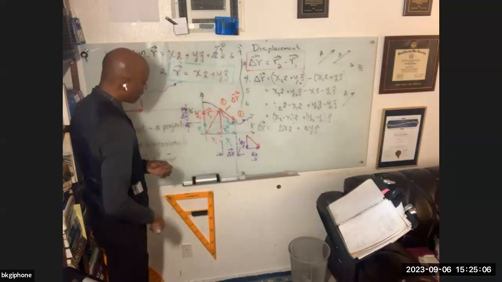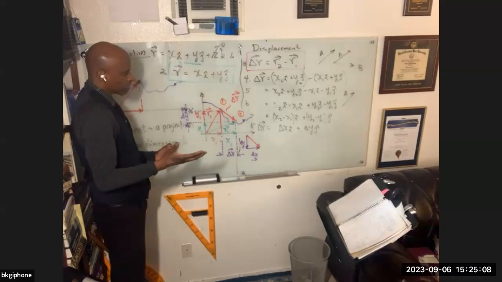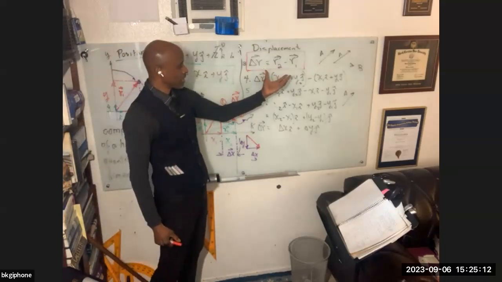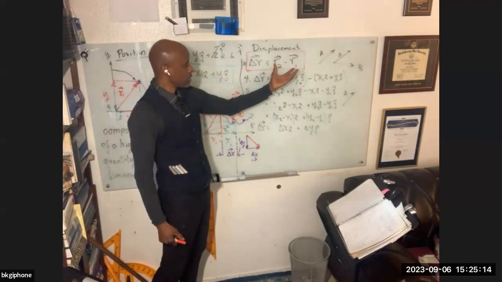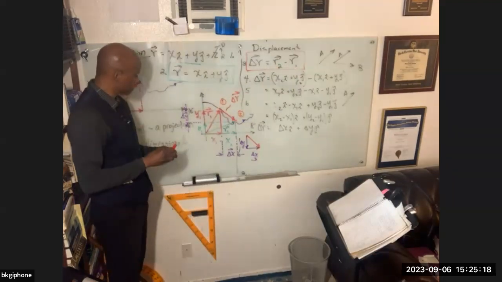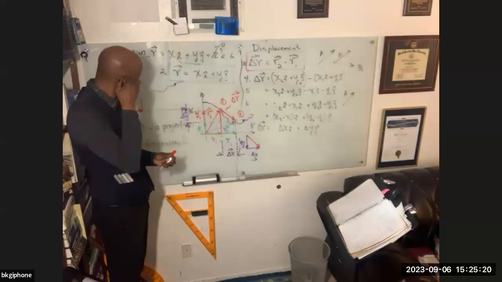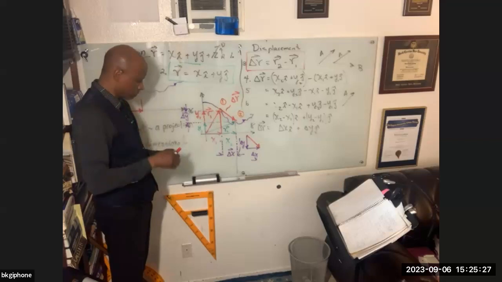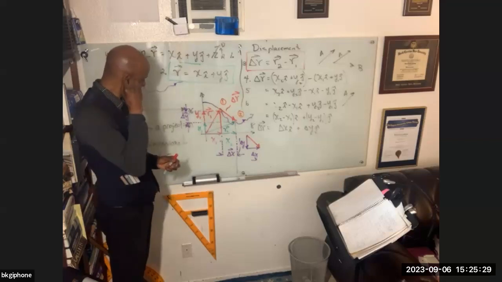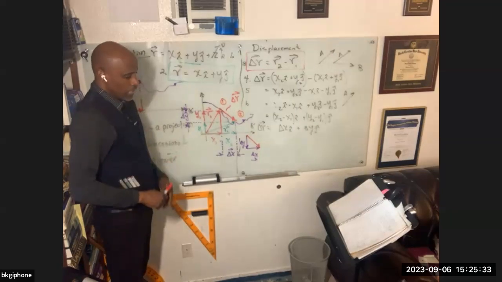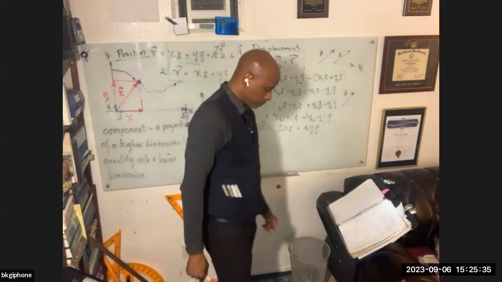A few different ways of seeing how you find the displacement, which is the vector addition of these two vectors, R1 and R2 respectively. Any questions about that?